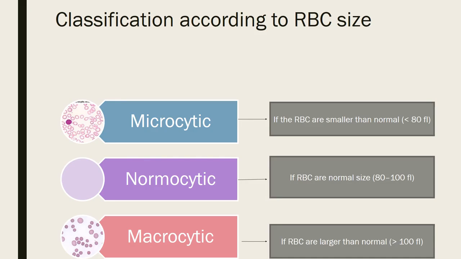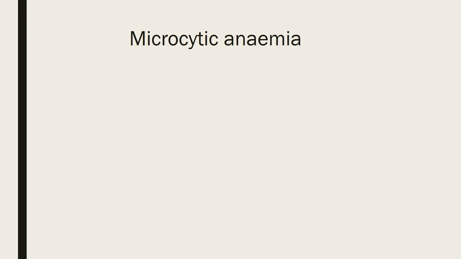If the size of RBC is normal, between 80 to 100 femtoliter, then we label it normocytic anemia. If the size of RBC is larger than 100 femtoliter, then we label it macrocytic anemia. According to the RBC indices, we have to differentiate anemia as microcytic, normocytic, or macrocytic.